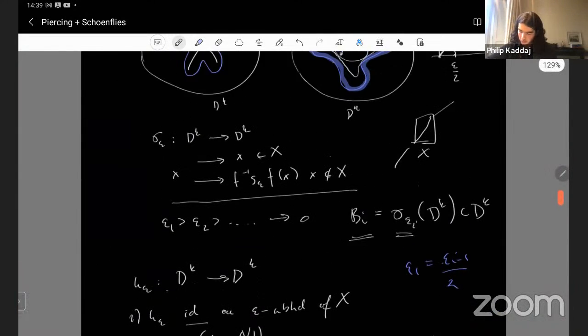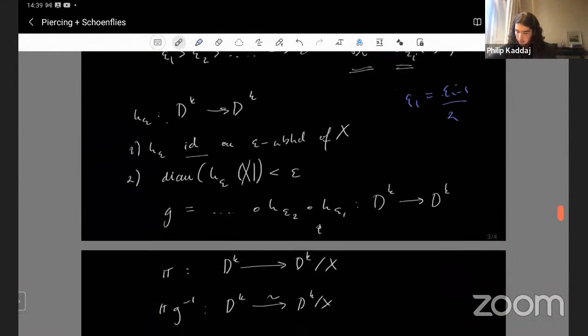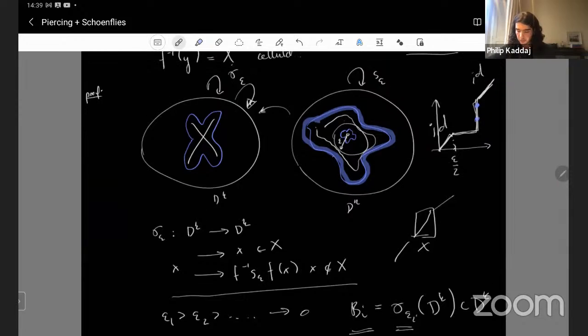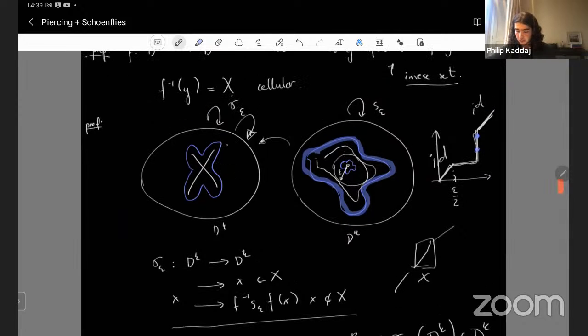H epsilons are maps of the disk to itself, like the sigma epsilon, but they don't squeeze the whole image. They're slightly different. They squeeze stuff that's close to the boundary. So they're the identity on things close to the boundary, then they squeeze very hard, and the identity very close to X.